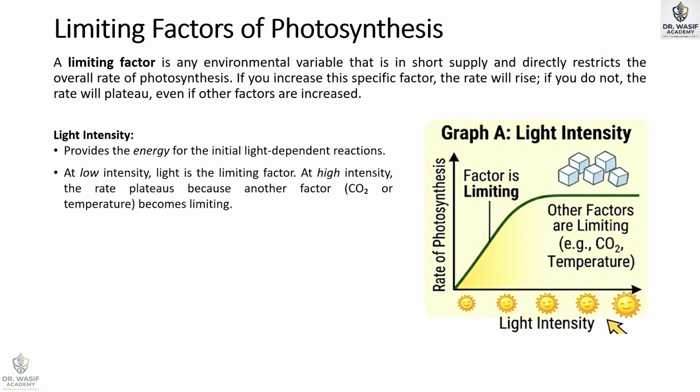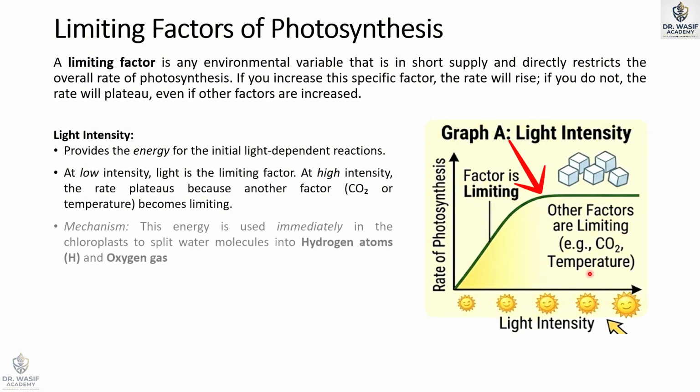But notice this graph. Eventually, it levels off. At this point, giving the plant more light would not help. Why? Because the ovens are full. The plant is now limited by something else, like the amount of carbon dioxide or the temperature.